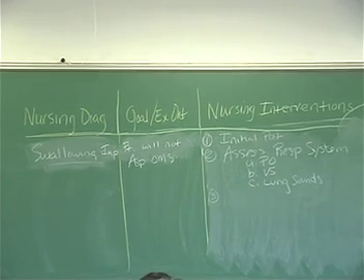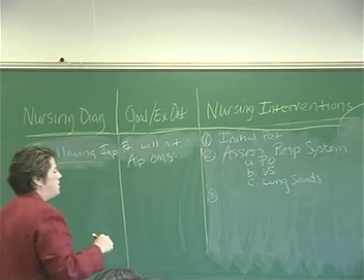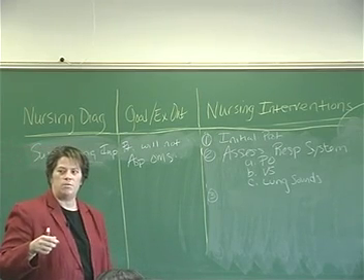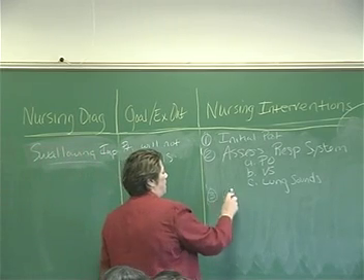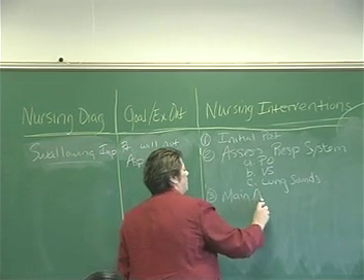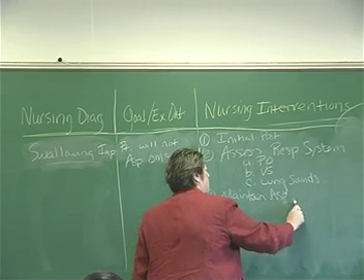Okay, now it gets a little tricky. For patients, like I was saying, there are specific things to that particular patient that we need to do in order to not have that patient aspirate. So we're going to maintain aspiration precautions.